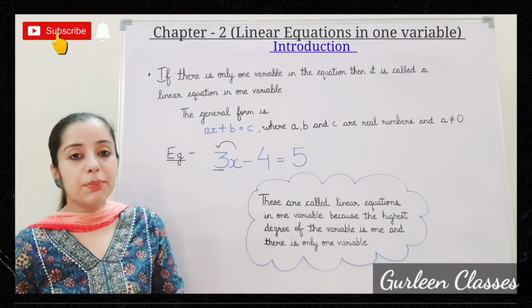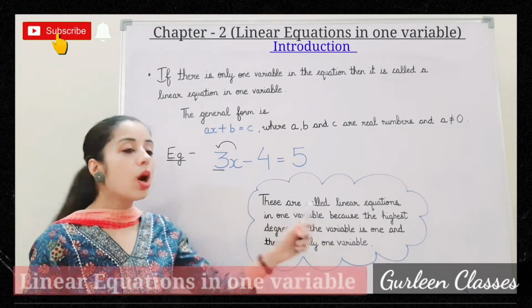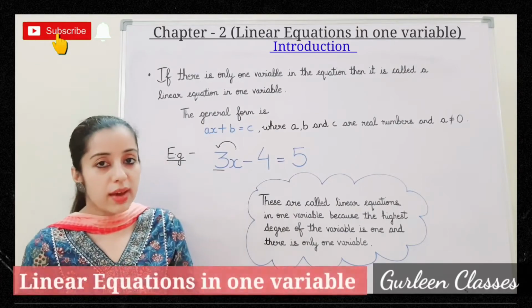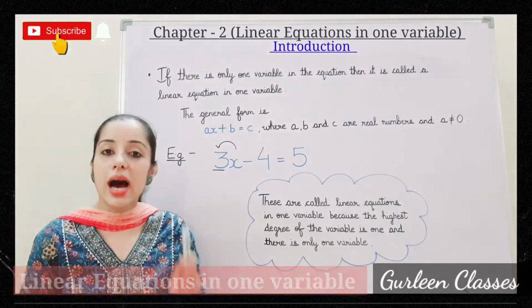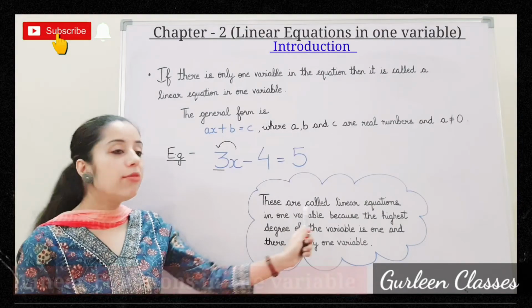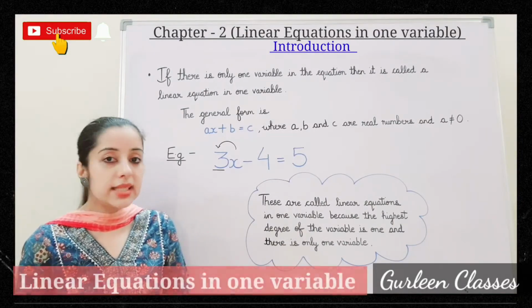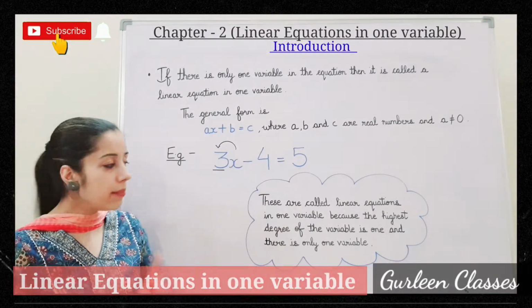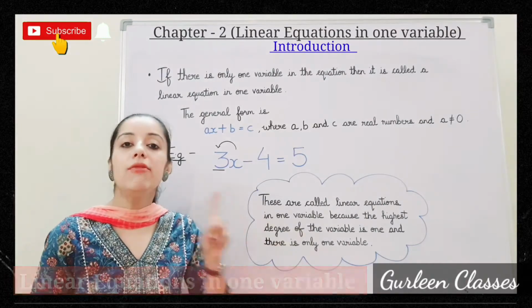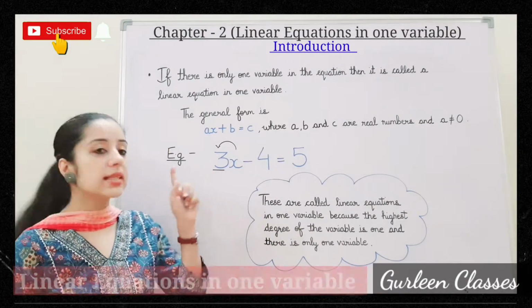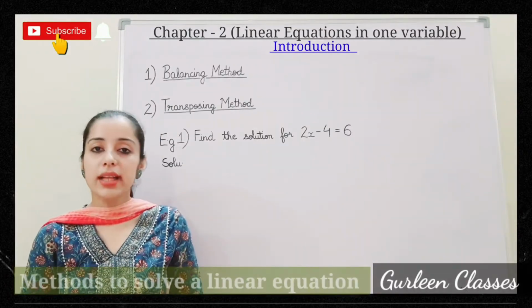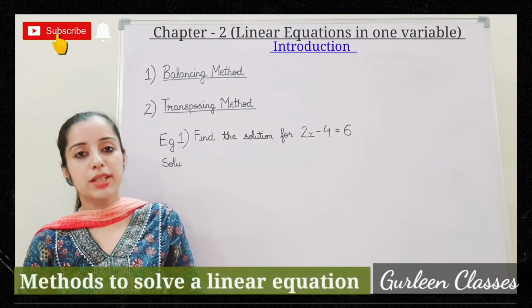So students, keep in mind, these are called linear equations in one variable because the highest degree of the variable is 1. Highest degree of the variable is 1 and there is only one variable, that is x. So now let us learn what are the methods to solve a linear equation.